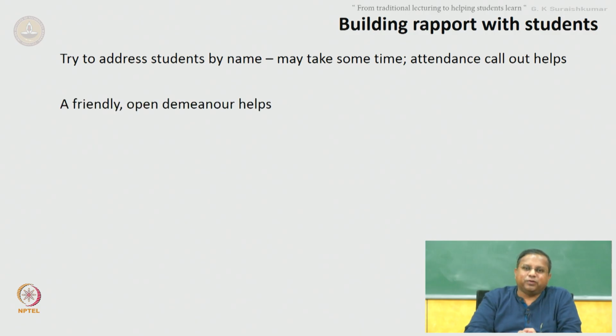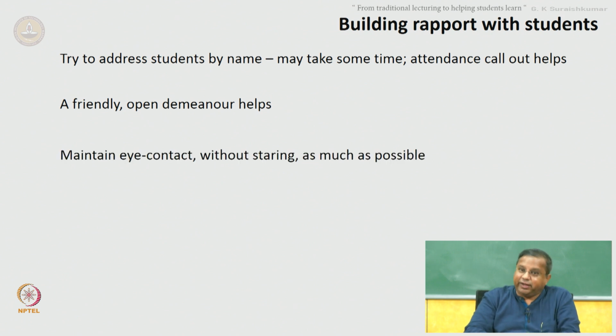A friendly open demeanor helps. Maintain eye contact. Eye contact is absolutely important, okay, but do not stare at them. Scan, but scan through your eyes and catching them for a fraction of a second, and as you scan and catch their eyes for fractions of seconds, that improves communication significantly.